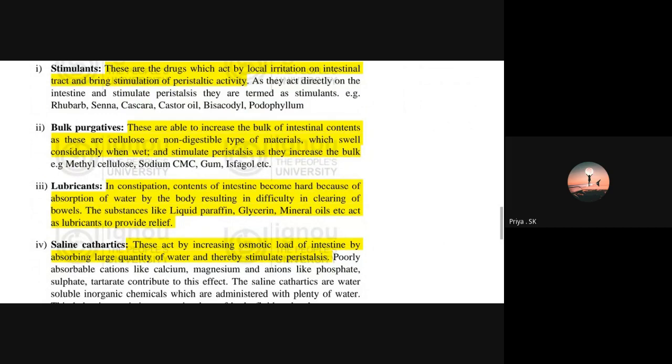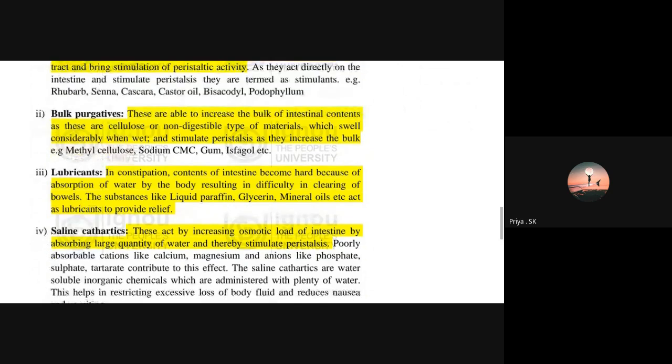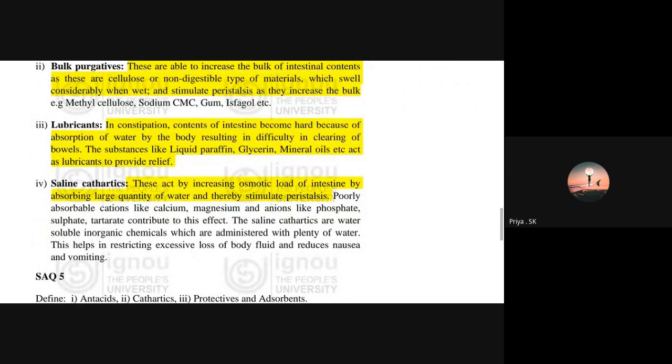In constipation, contents of intestines become hard because of absorption of water by the body, resulting in difficulty in clearing of bowels. Substances like liquid paraffin, glycerin, mineral oils, etc., act as lubricants to provide relief. Then the fourth one is saline cathartics. These act by increasing the osmotic load of the intestine by absorbing a large quantity of water and thereby stimulate peristalsis.